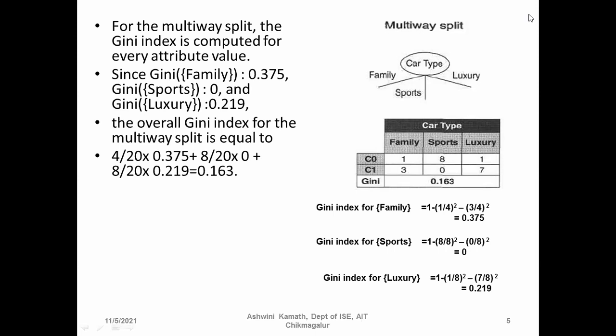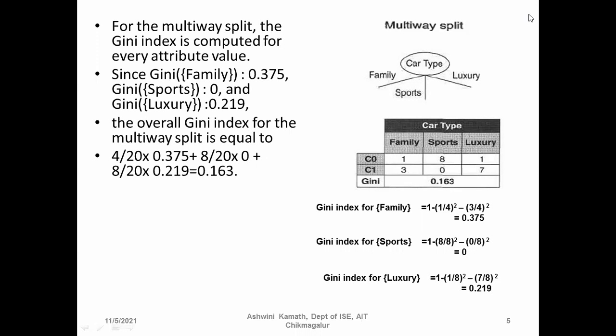So 8 divided by 20 into 0, 0 is the Gini index of sports, plus again 8, which is 1 plus 7, for luxury car type. 8 divided by 20 into 0.219, which is equal to 0.163. Previously we had got 0.167.